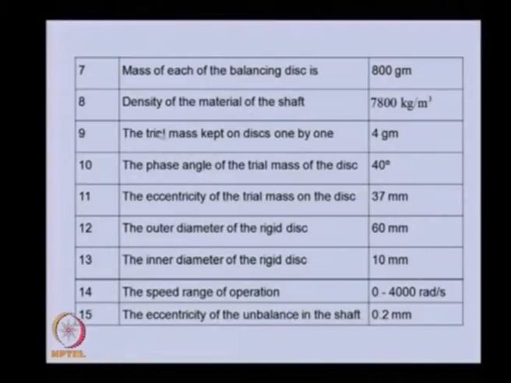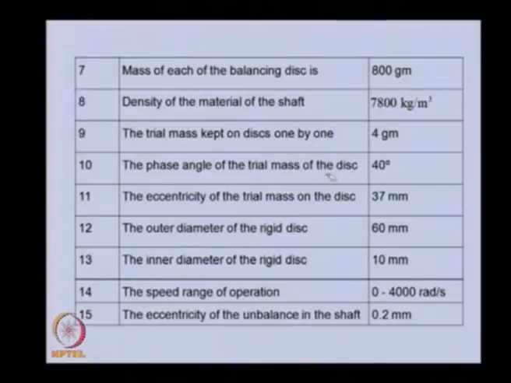These are the trial unbalances. We have seen in the influence coefficient method, we need to keep some trial mass in plane 1, plane 2, plane 3 alternately. This trial mass will be kept one by one, because we have only two balancing planes and we are aiming to balance up to only the second mode. So, we will keep this trial mass first in the first plane and then in the second plane.